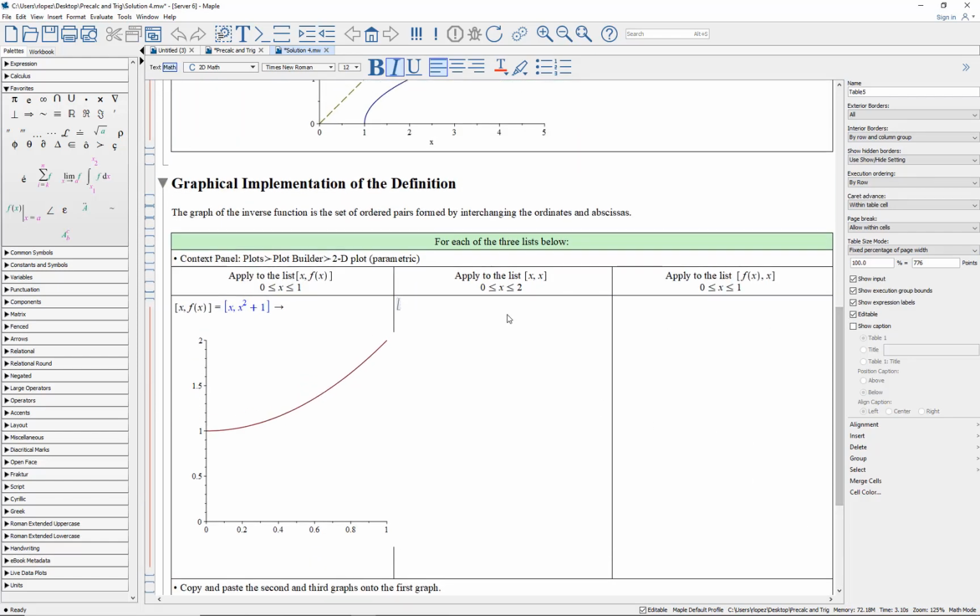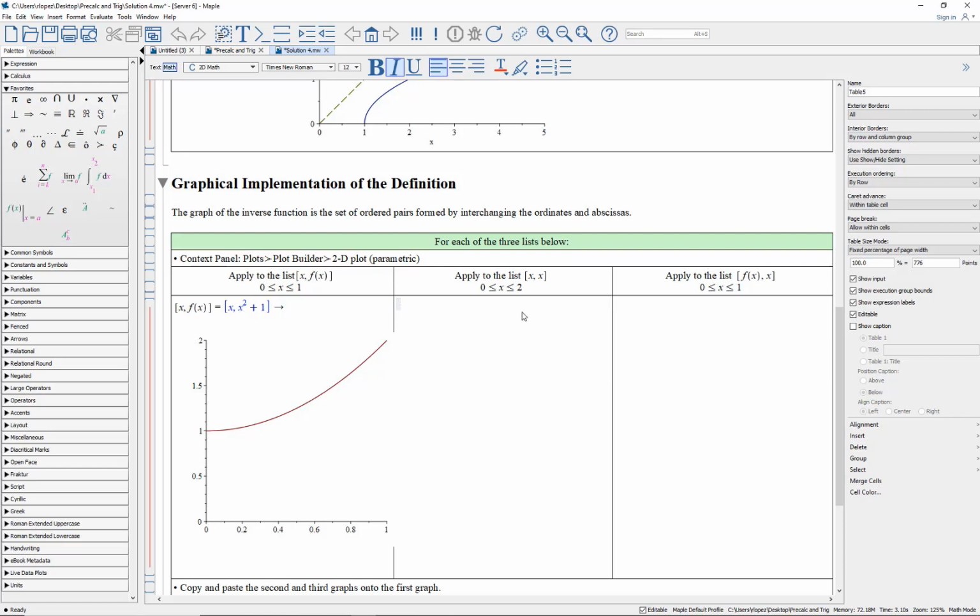Let's see what happens when the coordinates are reversed. But before we reverse the coordinates, f of x, x, in other words, y x, let's draw the 45-degree line.